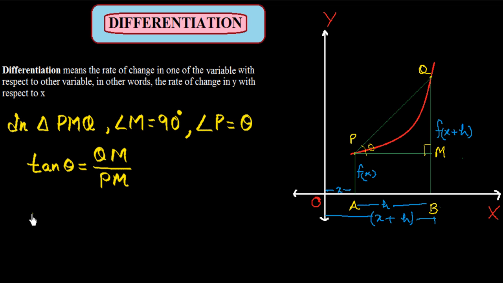So you know that tan theta is equal to QM over PM. QM we could write as QB minus MB, and the denominator PM is equal to AB.